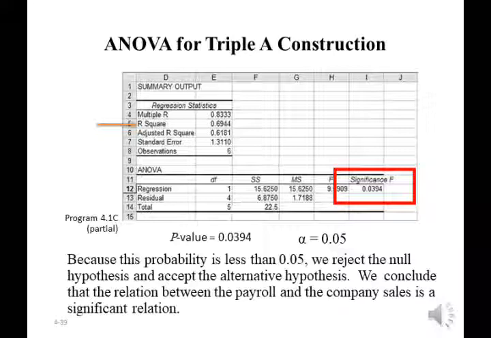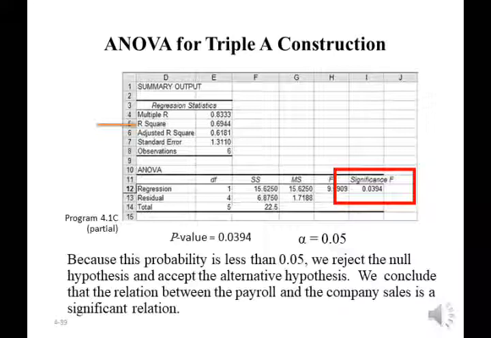If it's smaller than alpha, like the case we have in this example, you reject the null hypothesis, which means that you accept the alternative one, and you will say that the relation is a significant one. If the p-value is larger than alpha, you will say that we accept the null hypothesis, rejecting the alternative one, sorry. So this means that the relationship is not significant, or there is no relationship between x and y.